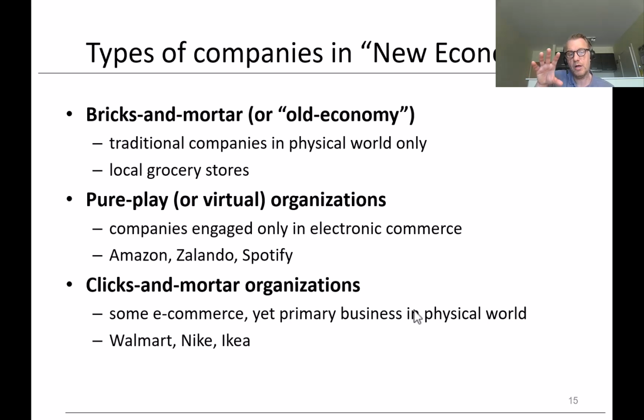Popular examples are Amazon, Zalando, and Spotify. There's not like an Amazon shop or a Zalando or Spotify shop that we can visit. Clicks and mortar companies have some e-commerce, but their primary business is situated in the physical world. Examples are Walmart, Nike, and IKEA.